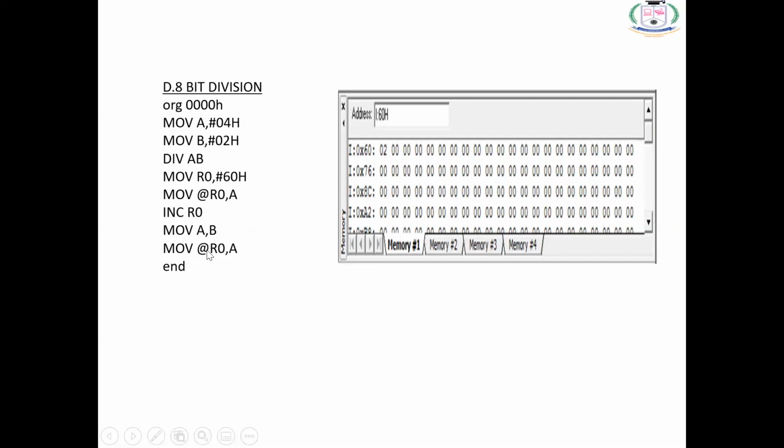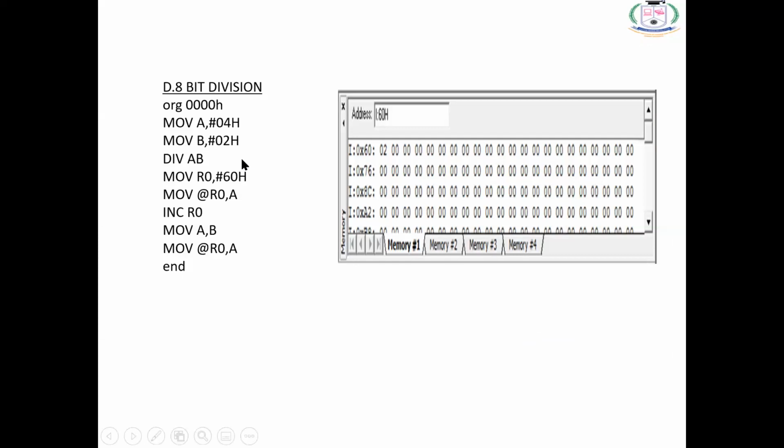The B register has no direct movement to other registers, but the accumulator can move to all the registers. So I can't use MOV @R0,B, because the B register is mainly to hold data for multiplication and division. That is an invalid instruction. Are you clear? Can you understand this?